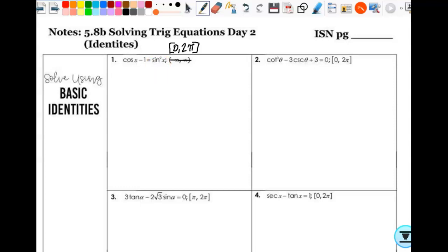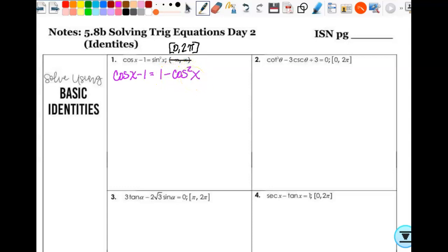I have one that says sine squared plus cosine squared equals 1. Then I can substitute this sine squared with something that has cosine squared in it. So I'm going to rewrite the left-hand side. Cosine of x minus 1 equals, and then what can I substitute for sine squared? Good. 1 minus cosine squared.